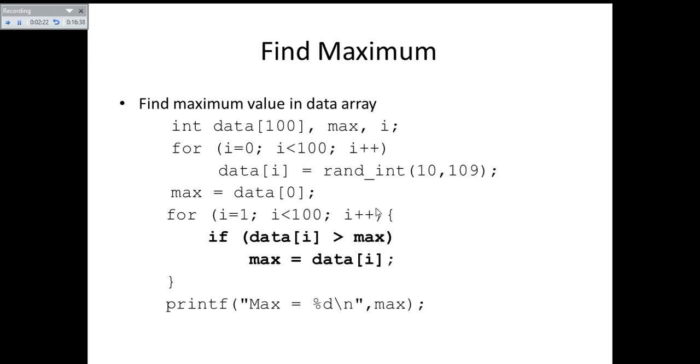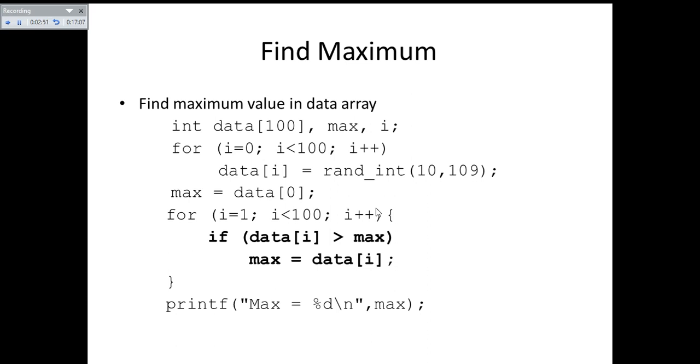If your data of i is bigger than max, you change your max to data of i. If it is not bigger, then your max will be by default whatever it was before that for loop iteration. Like this, you compare all your data of i's with your max, and whenever your data of i is bigger than your max, you exchange your max with data of i.